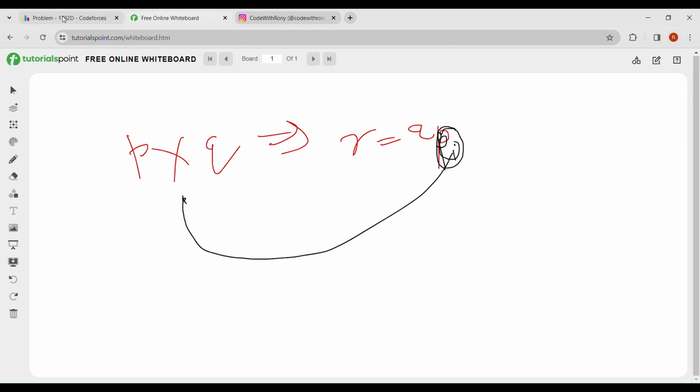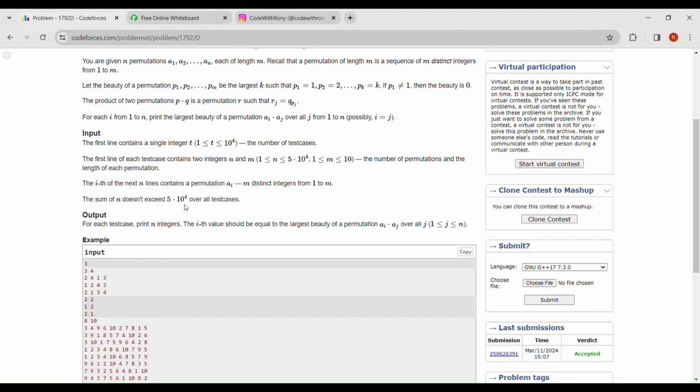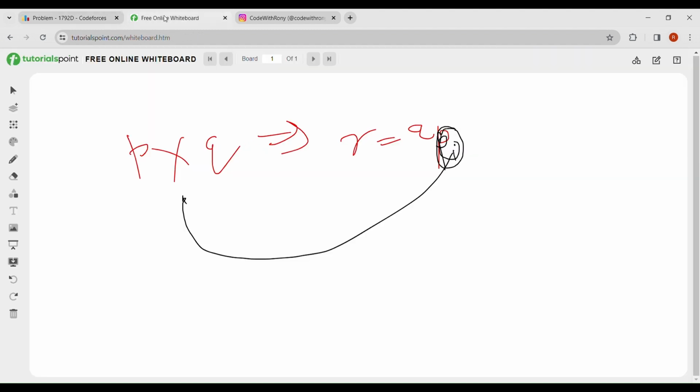Suppose we take the first example, 2 4 1 3, and suppose q is this one. We need to choose such a p which will give maximum beauty for this value.